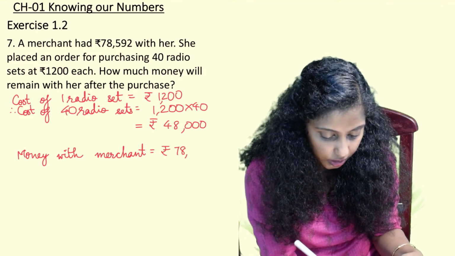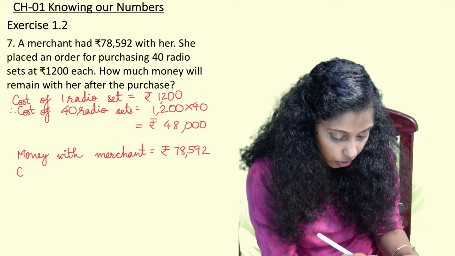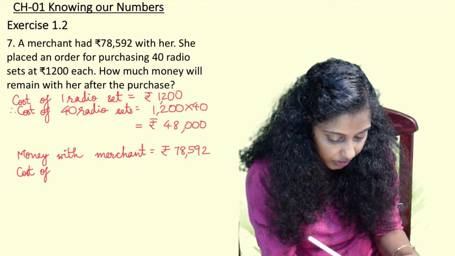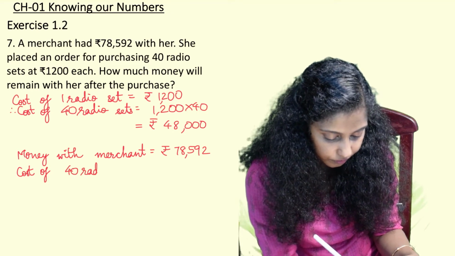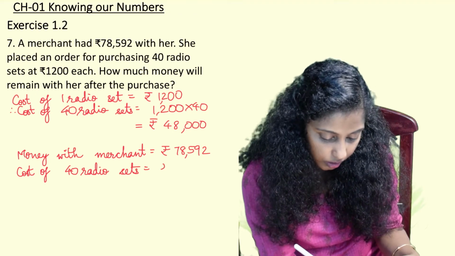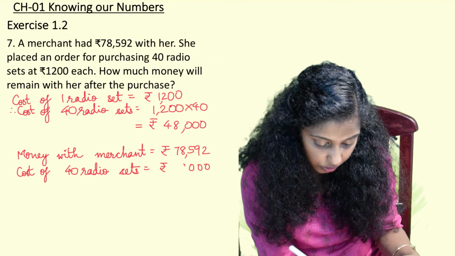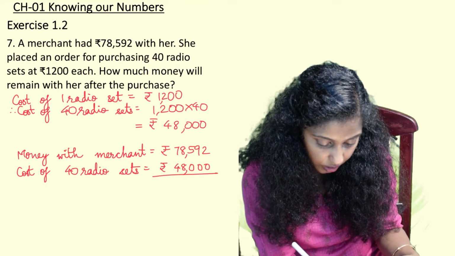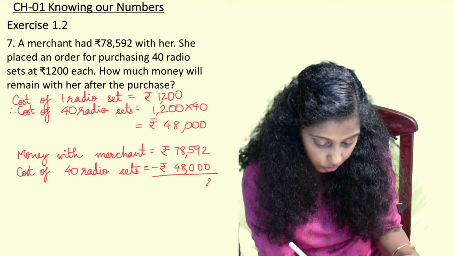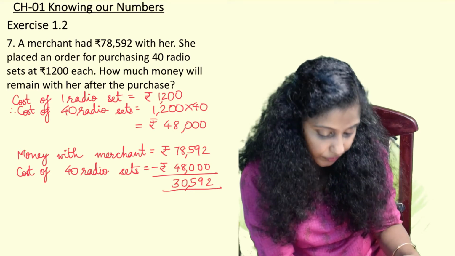Rupees 78,592 and cost of 40 radio sets, or money spent for radio sets. We write from the units place. 0, 0, 0, 8 and 40. Here we are doing subtraction. 2, 9, 5, 7 minus 4 is 3.